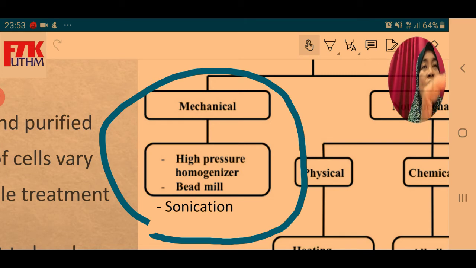But if you talk about large scale, if the chemicals are expensive and we can do without them, then they won't put them in. All right.